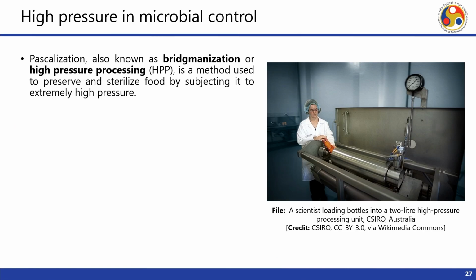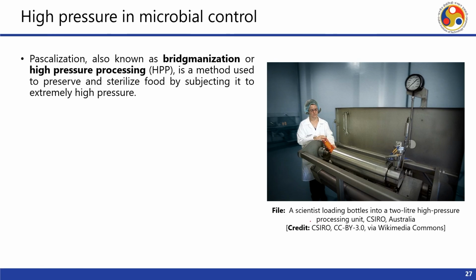Next, let us discuss the use of atmospheric pressure in microbial control. Pascalization, also known as Bridgmanization or high pressure processing, is a method used to preserve and sterilize food by subjecting it to extremely high pressure.